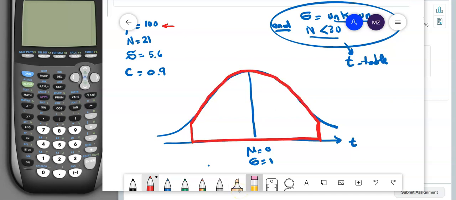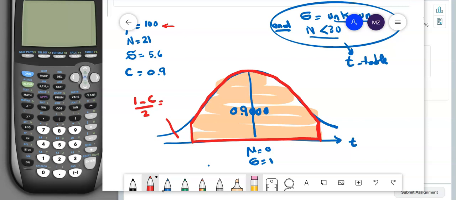I can highlight it here. All right, so this is going to be 0.9000. So what does that mean? That means each one of the tails is going to be 1 minus the confidence divided by 2.